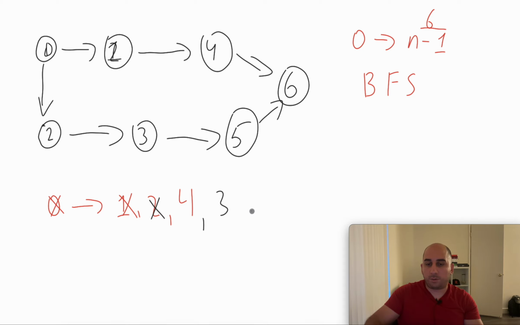As we progress to 6, we can see that from 4 and 5 we can go to 6, and we are collecting those values. Whenever you are using a BFS or DFS algorithm, or in general a backtracking algorithm, we need to set the base case. The base case for us is when the last element equals n minus 1, which means 6. In that case we add the path to our result.